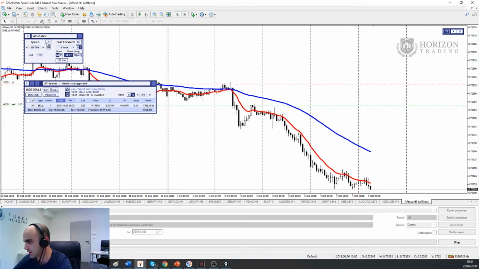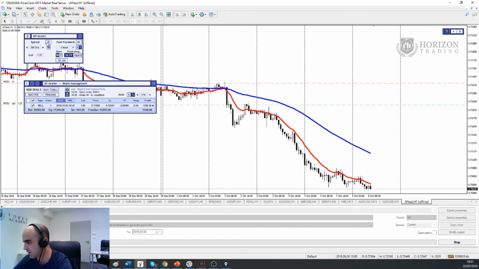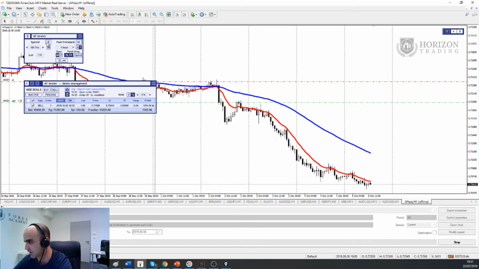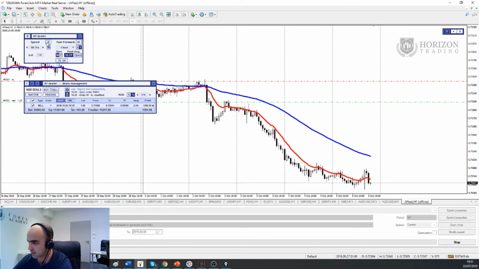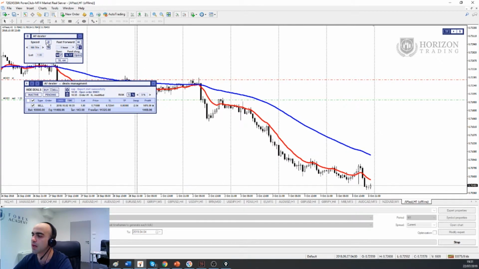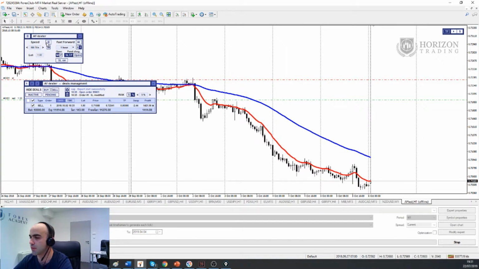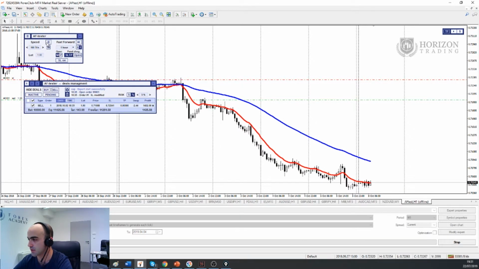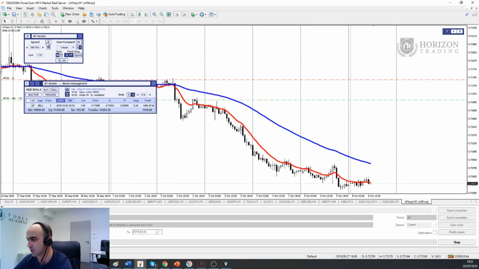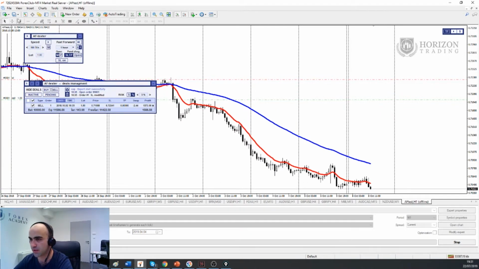Well, here we are still on a very big divergence, therefore I shall keep moving on. I see that the two moving averages are possibly moving closer, therefore converging, and I can see that also the market is losing a little bit of steam over here.